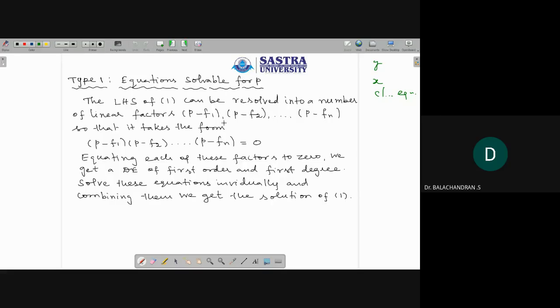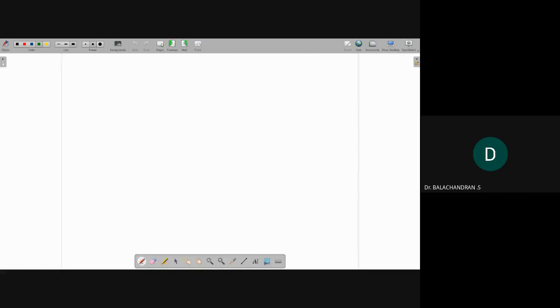Now I'll give a problem to you. First, I'll start with a simple problem. Solve p square minus 7p plus 12 equal to 0, where p equal to dy by dx.